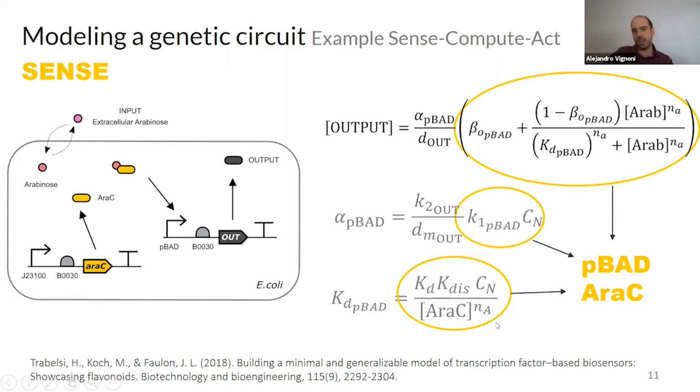One model that we are using here, which is taken from the paper that I'm citing right there, takes into account the dissociation constants between the transcription factor and the promoter, which are these two guys here, and the amount of transcription factor, the protein that you have, which in this case is RC here.